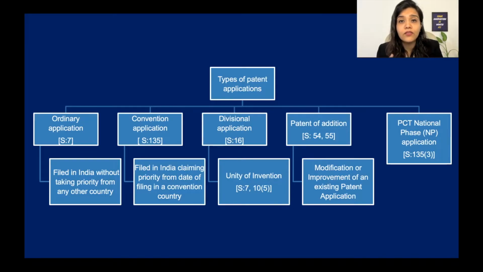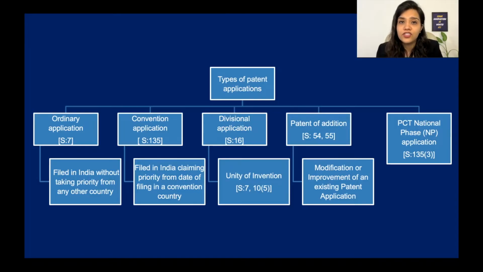This has to be done within 12 months. If I do not do it within 12 months, I cannot claim priority. So to claim priority, I have to file the application within 12 months of the earliest priority date. When I file a patent application claiming priority from an application filed in a country which is part of the Paris Convention, it is called a convention application. Convention application is a term defined in section 135.